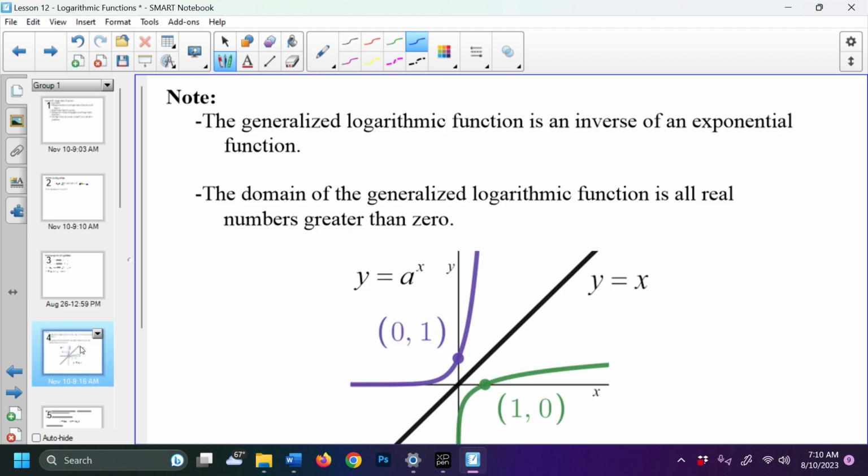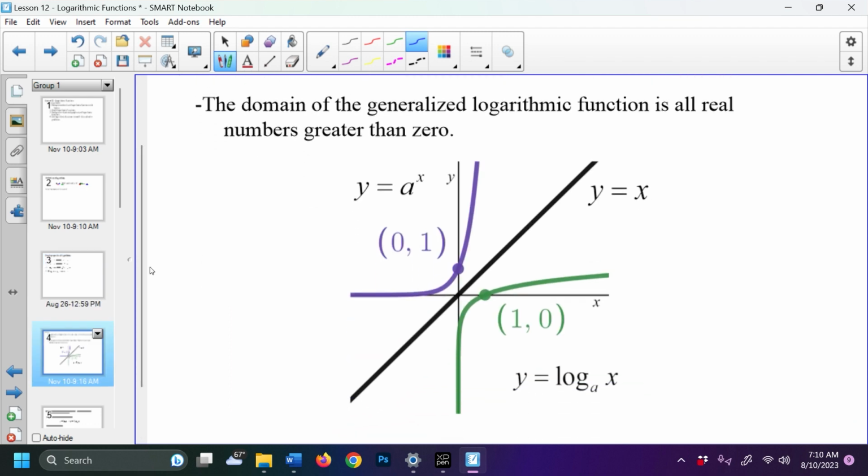Let's talk about graphs. First, here I have two generalized exponential and logarithmic graphs. In the generalized exponential function, if there is no value in front, when you plug in 0, anything to the 0 power, you get 1. So a simple exponential function will always go through this 0, 1.